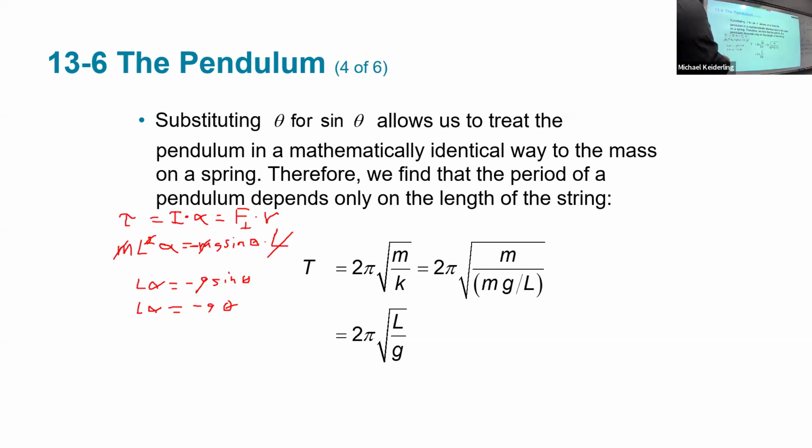We get mass times length squared times alpha equals minus mg sine theta times L. So alpha equals minus g sine theta over L. So for small theta, L alpha equals minus g theta. And so theta has a period of 2 pi times square root of L over g.